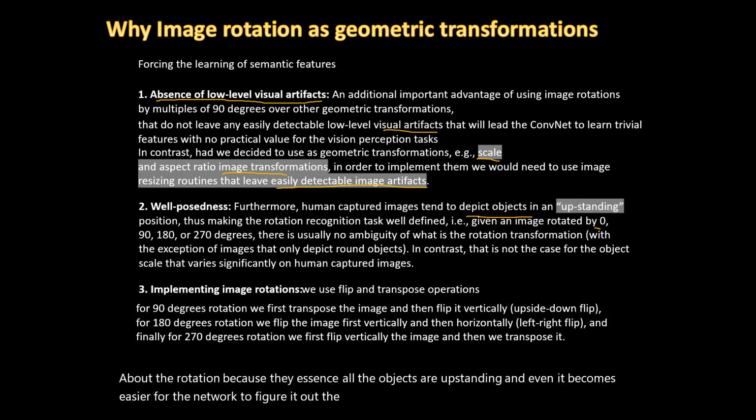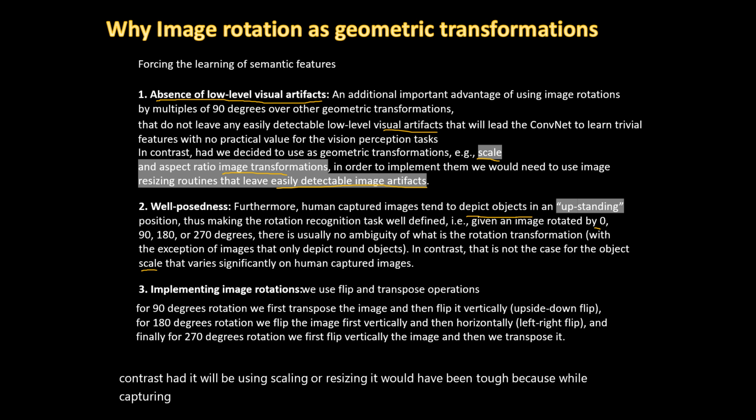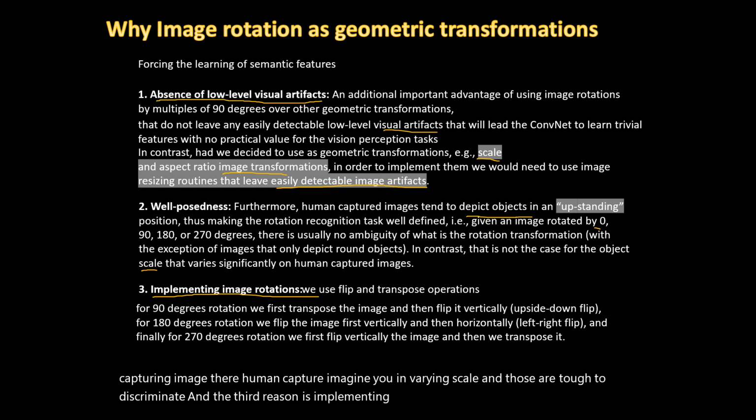In contrast, had we used scaling or resizing, it would have been tough, because humans capture images at varying scales, and those are tough to discriminate. And the third reason is that implementing image rotation is very easy. You can use just two operations, flip and transpose.